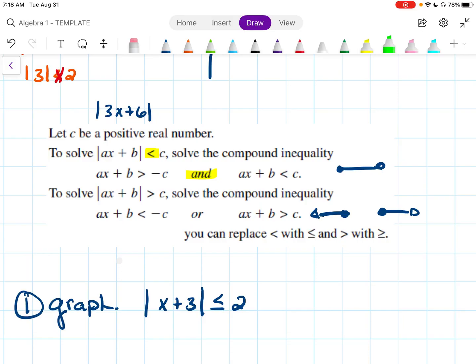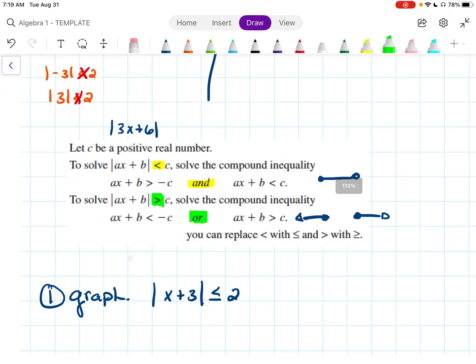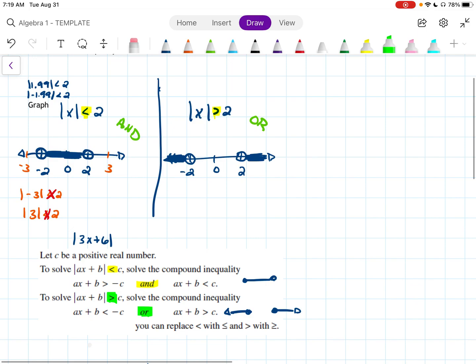Then we have this symbol where the absolute value bars are larger than c. We're going to end up using or, right? And that goes along with what we had up here. The inequality is pointing towards the absolute value bar. Or the inequality is pointing towards c. That's what we have right there.